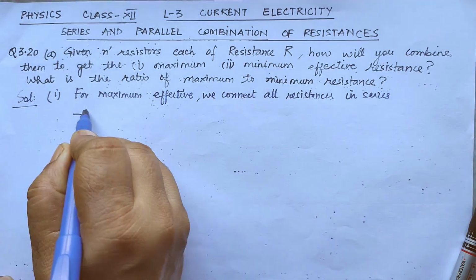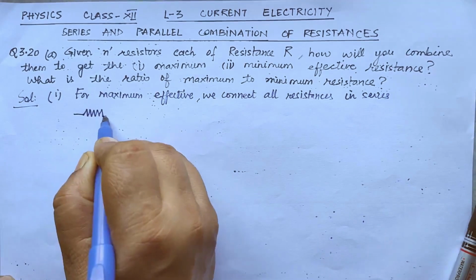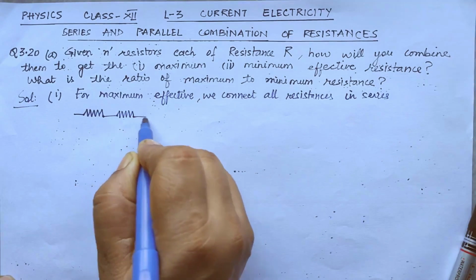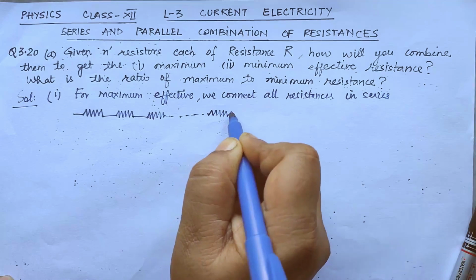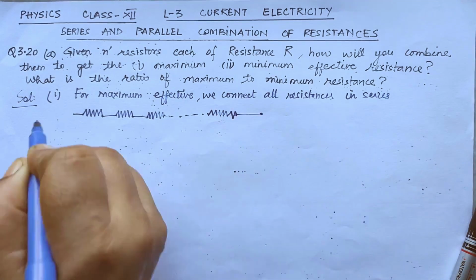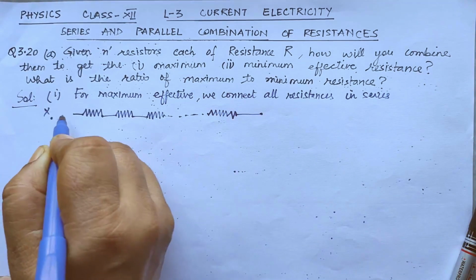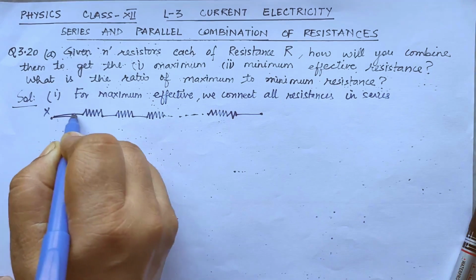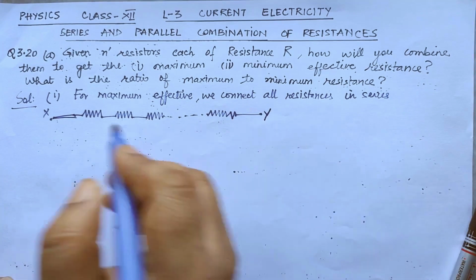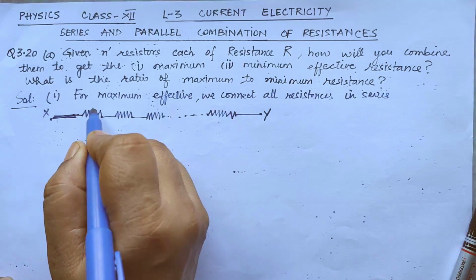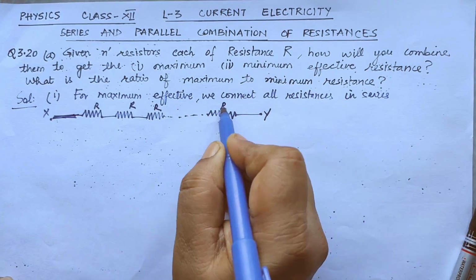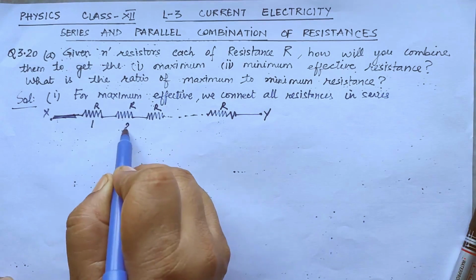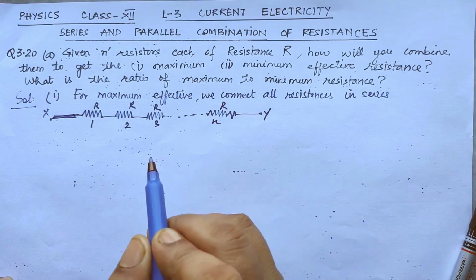This is our first resistance, second resistance, third resistance, and so on till n resistance. And these are connected, of course, to the terminals of the battery X and Y. This is X and this is Y. This is R. Since all the resistances are the same value, all are R. This is first, second, third up to n resistance.